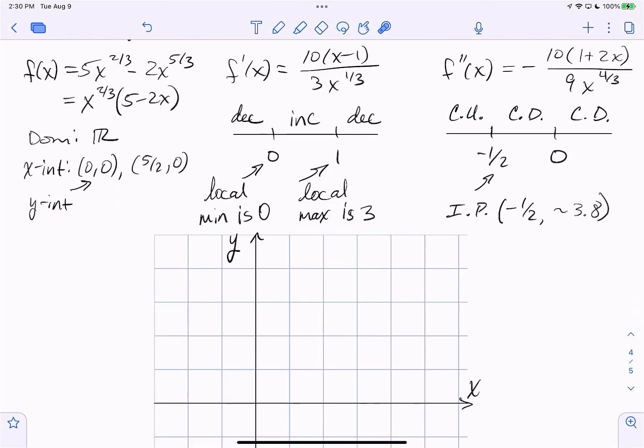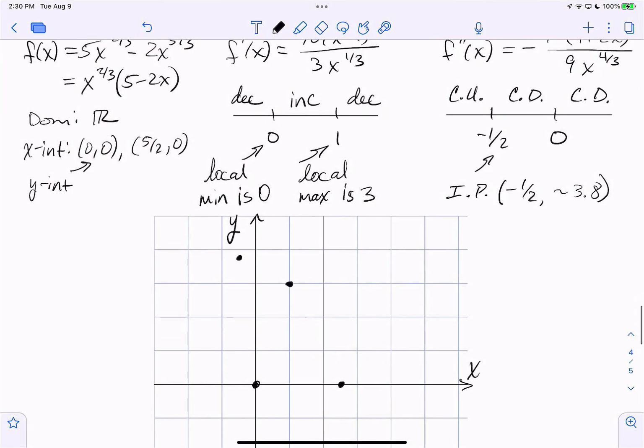All right, we got some points we can plot. (0, 0), (5/2, 0), (1, 3), and (negative 1/2, 3.8). Just ballpark that one up there.